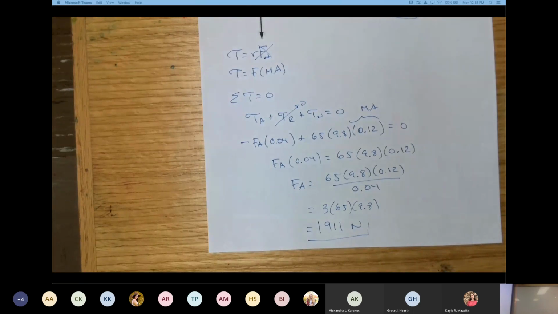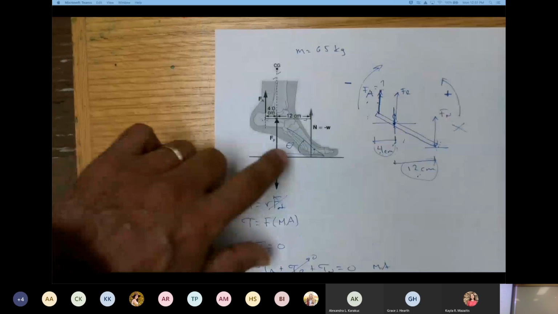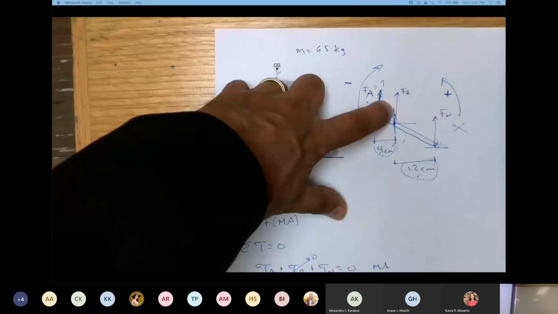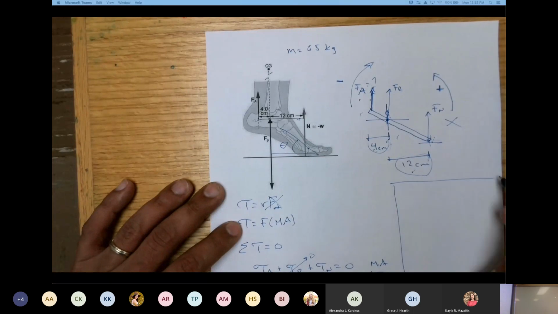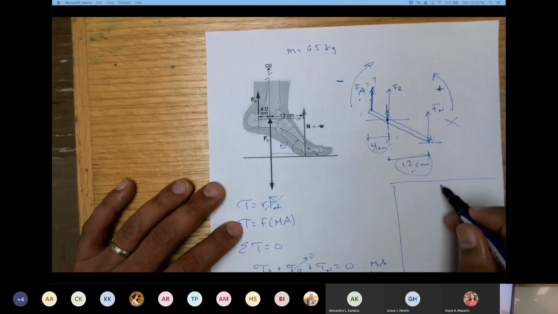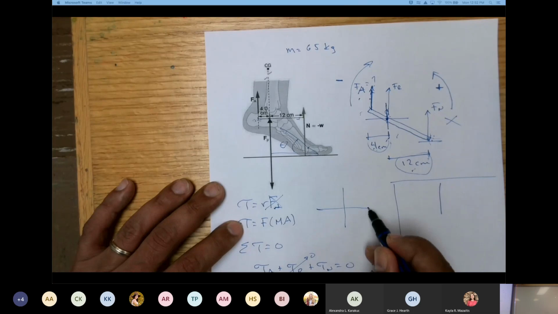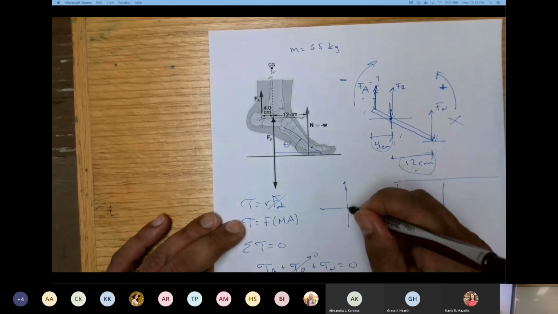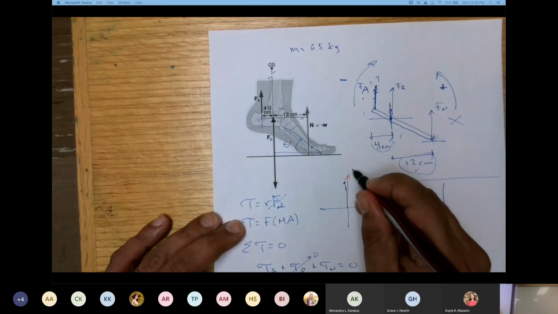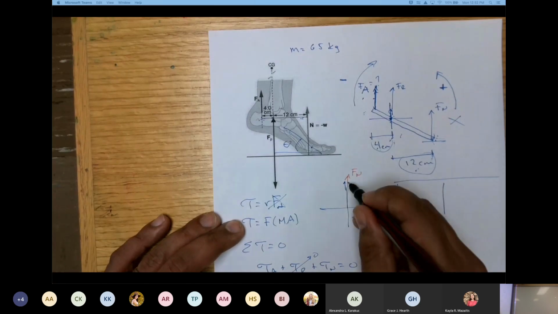Okay, so now I'm going to look at the reaction force. I'm going to look at my free body diagram. And I have the normal force going up, I have the force of the Achilles tendon, and I have my reaction force.